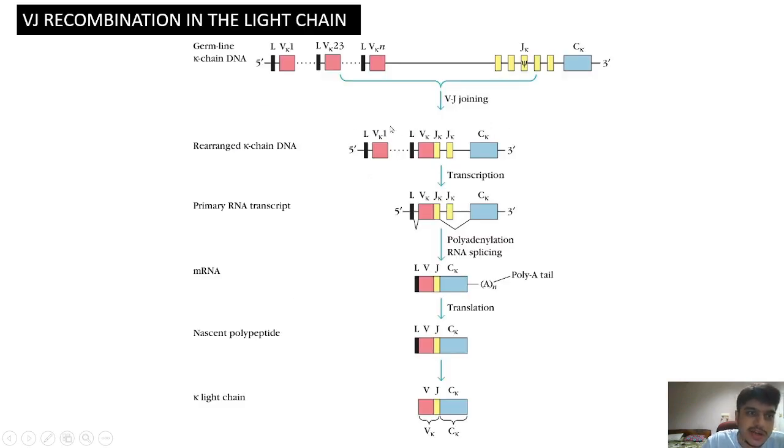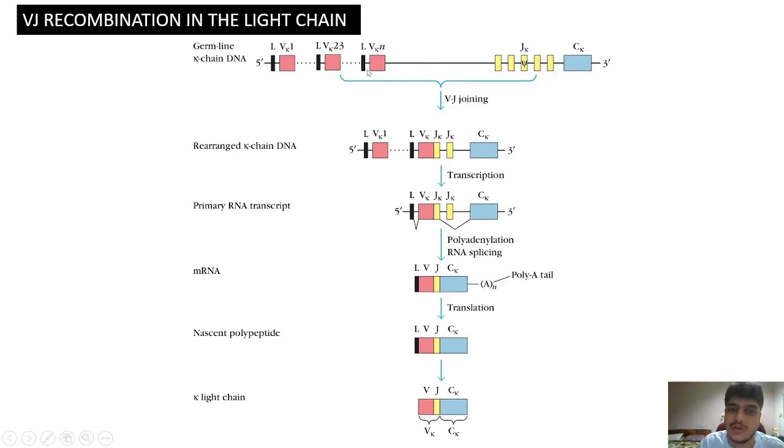The light chain recombination is called the VJ recombination. That is, it has a variable segment V and a joining segment J. As you can see in this diagram, this variable segment is going to join with the joining segment. More than 30 of these V segments can be there, and more than 4 of these J segments can be there.